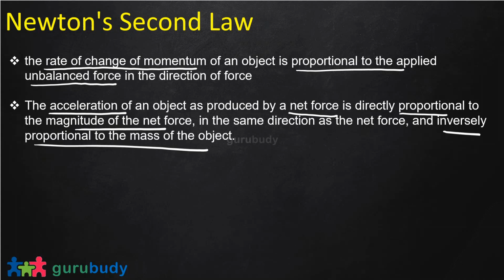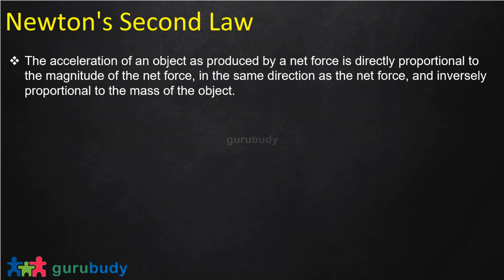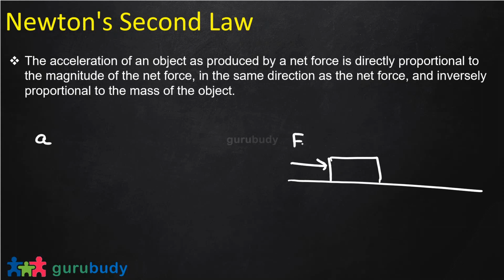Let's look at the second definition in more detail, that's easier. It is telling us the acceleration of an object, let's say A, is produced by the net force. To make things easier, let's consider we have a box. We are applying some force, and the box has some acceleration A. Let's say the acceleration and the force are in the same direction.